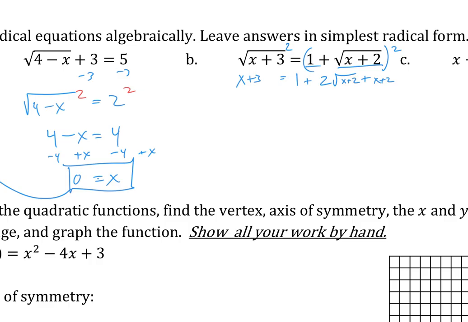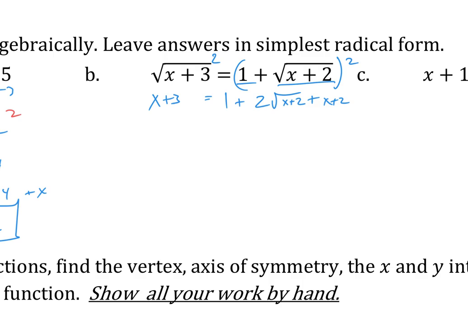Now we got to get this other square root all by itself. So let's clean this up. X plus 3 equals, let's add these together. X plus 1, I'm sorry, x plus 3. You got plus 1 and plus 2.